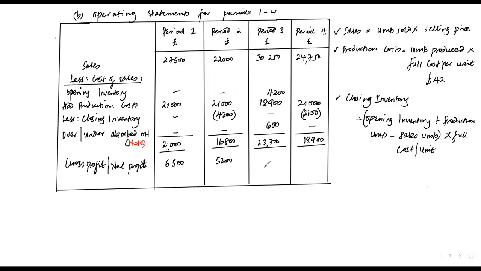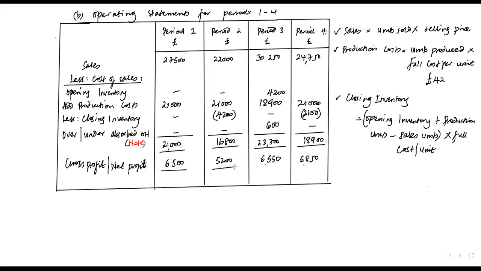Period 3, that is 6,550. Then period 4, it's 8,000. It's fine. It should be fine. This is 5,850. So that is our profit statement.